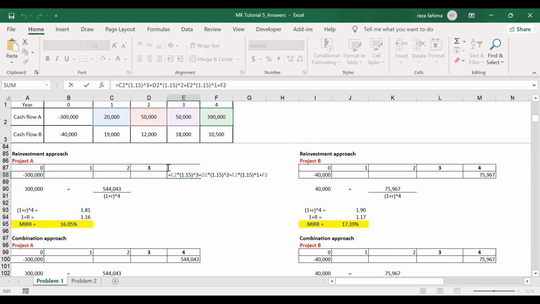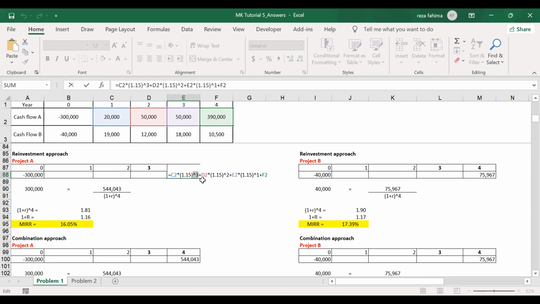Okay, so the calculation is this: the cash flow of year 1 multiplied by 1.15. 1.15 is 1 plus our discount rate, which is 15%, as stated in the question, to the power of 3, because we are calculating the cash flow of the 1st year and we compound it to the last year, which is the 4th year. It means that 4 minus 1 is 3, so to the power of 3.